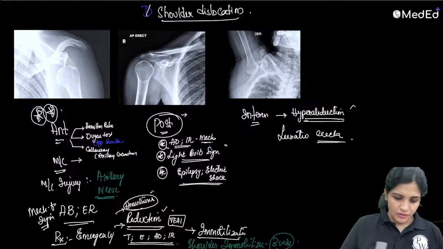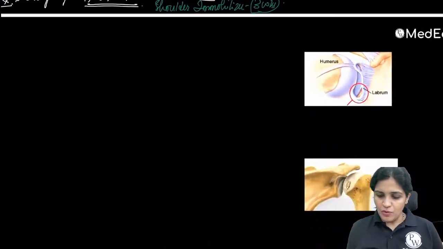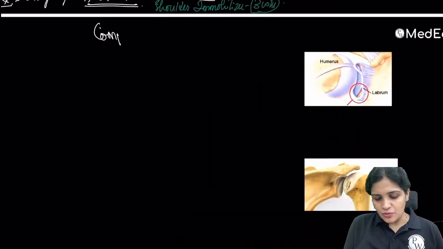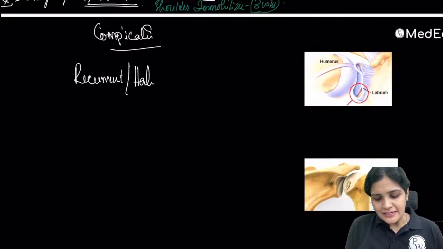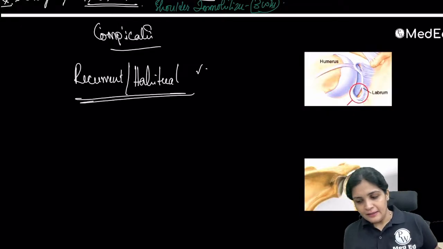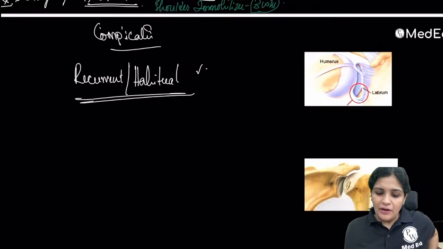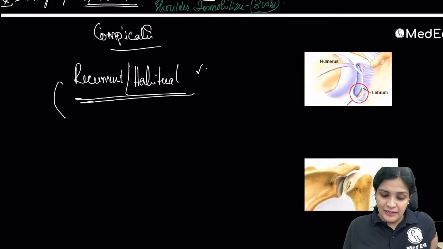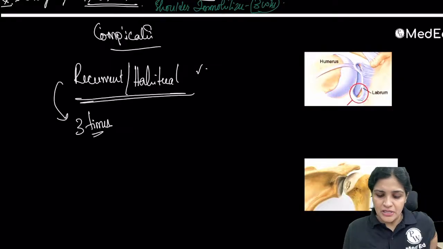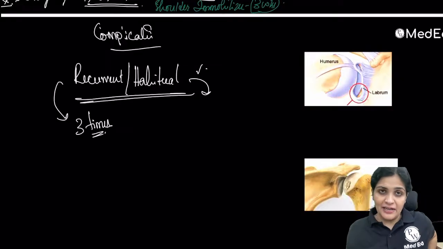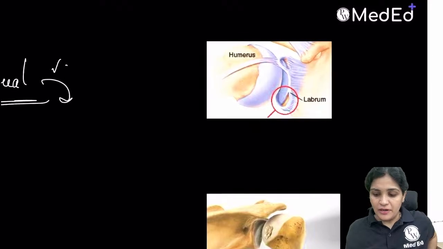Yes, ma'am. Okay. Now, what are the complications of anterior shoulder dislocation? If there are recurrent dislocations or habitual dislocations, we see two important complications. I'm talking about recurrence, like if there are some 3 shoulder dislocations, or the patient is habituated to dislocations.